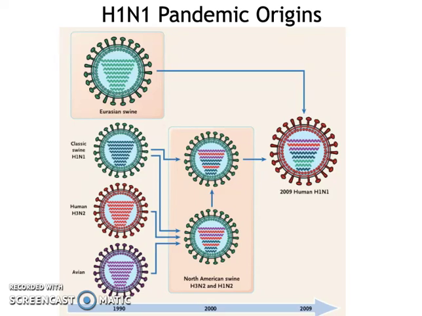Thankfully, H1N1 did not have a different mortality rate compared to the seasonal flu. H1N1 killed 4,000 people in about 6 months, whereas the seasonal flu kills 40,000 people per year in the United States. So far more than the H1N1 strain.